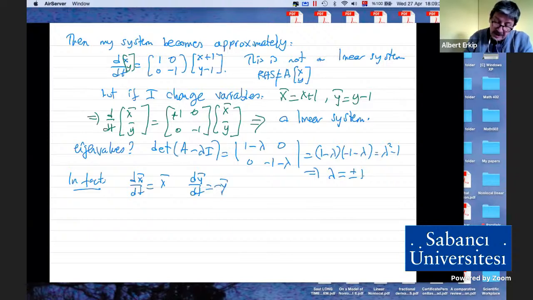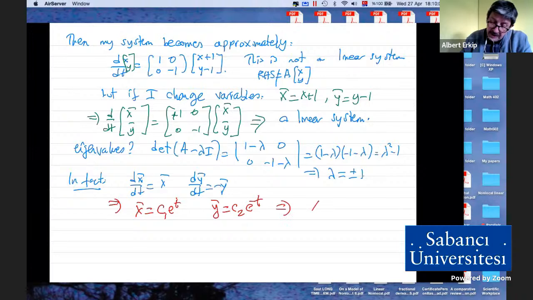Remember, this was giving me x bar equals c1 e to the t, and y bar equals c2 e to the minus t.